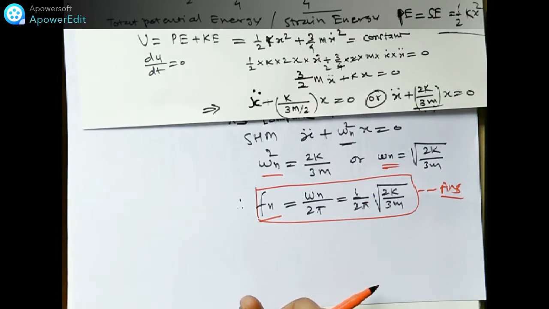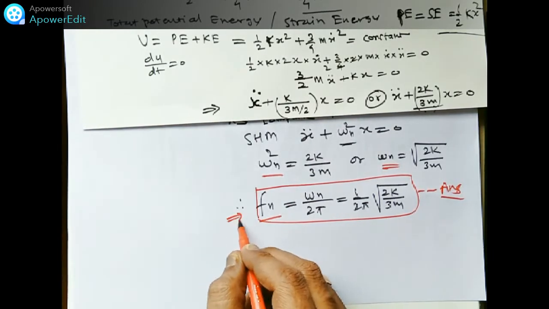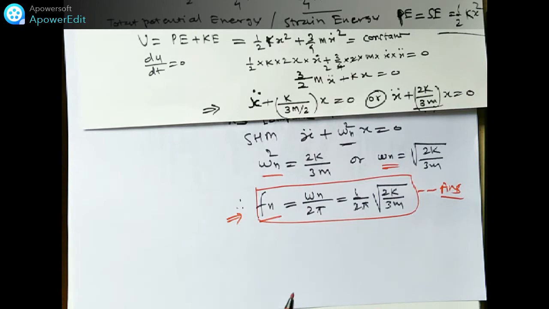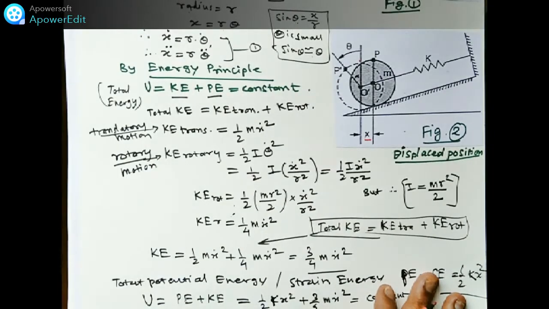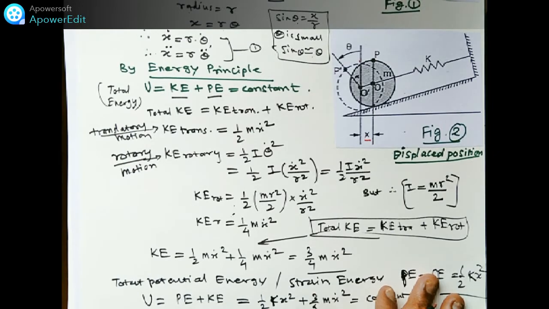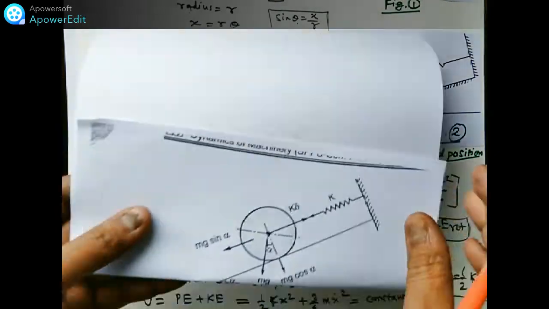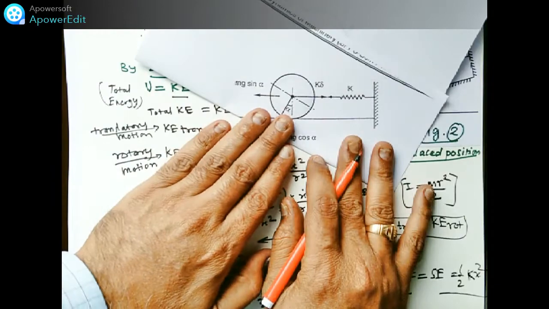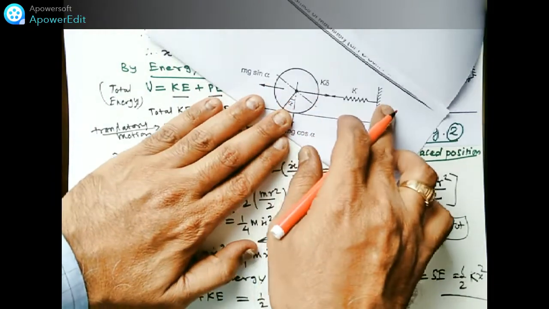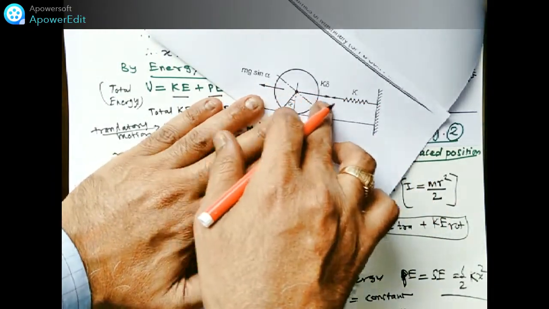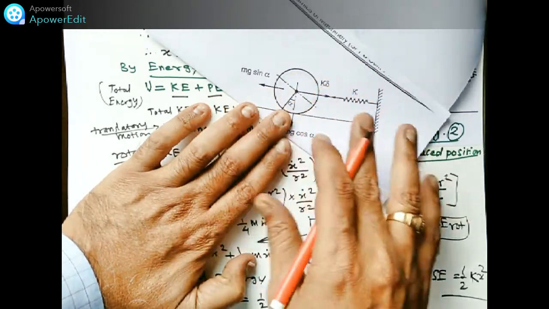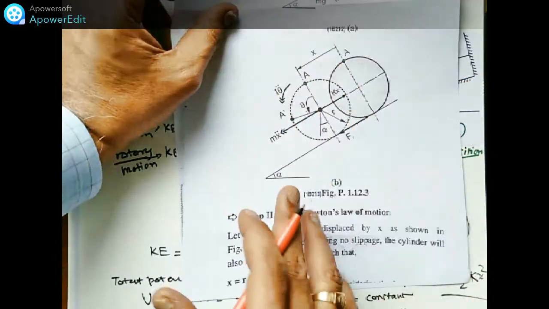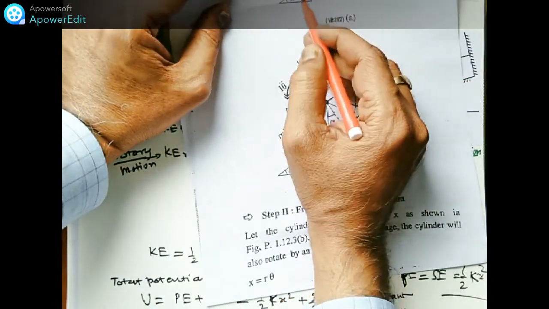So friend, this numerical is very easy. I will give you a hint for another numerical. If the numerical is with horizontal motion, as given in the number of books, nothing will happen and you can solve it. Here, the value of alpha is given, so you have to resolve using Newton's law of motion.